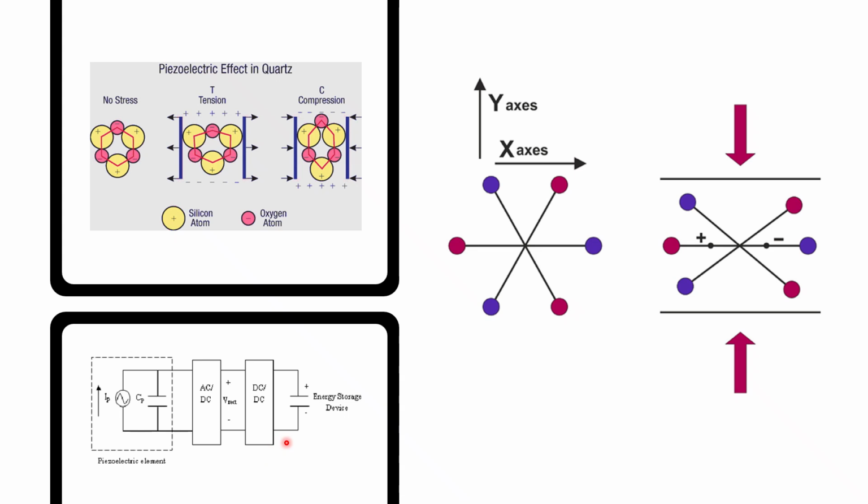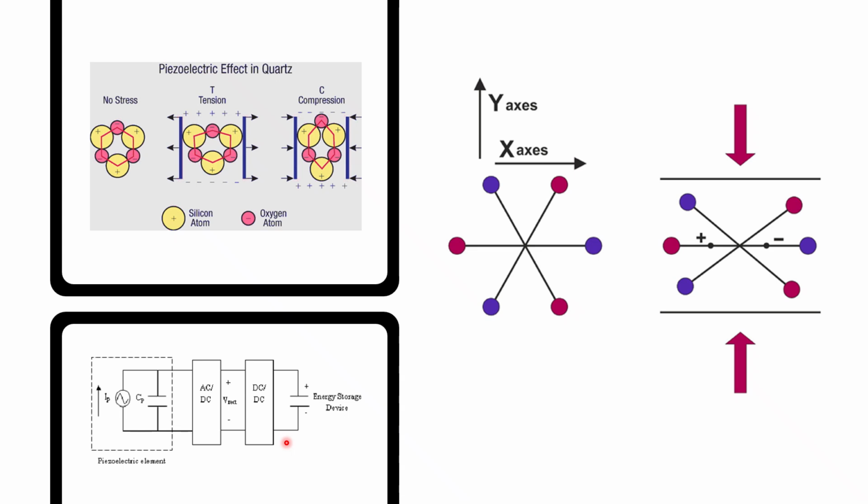The power source formed resembles a capacitor. The force is applied and it acts like the two plates of a capacitor. The output is a high voltage, low current pulse which must be conditioned before use.